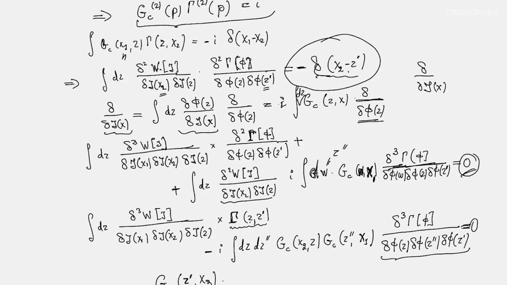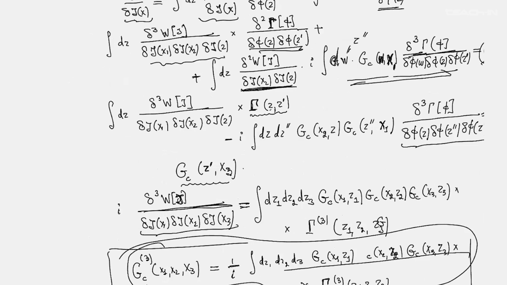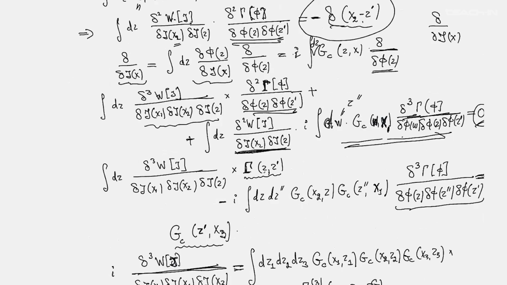Nothing happened to this part. Then I do not touch the first part, but I vary the second part, this one. And I do this by using this formula for variation where I replace variation over J by variation over phi. And on the right-hand side, I vary the delta function, but the delta function is just a numerical function, doesn't depend on J, therefore on the right-hand side, I get 0.